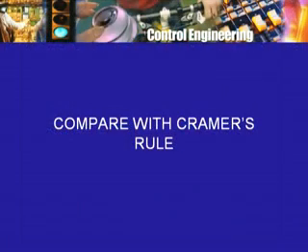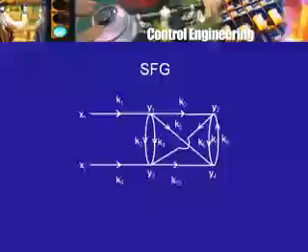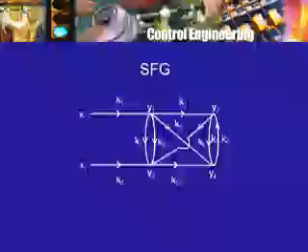You can compare this with what you would have had to do if you used Cramer's rule, or if you solved simultaneous equations in some way or the other. Going back, each one of the nodes has an equation associated with it, right? For node y1, I have the equation y1 equals k1 x1 plus k4 y3, that is all. For node y3, I have a more complicated equation, y3 equals k9 x2 plus k3 y1 plus k5 y2.